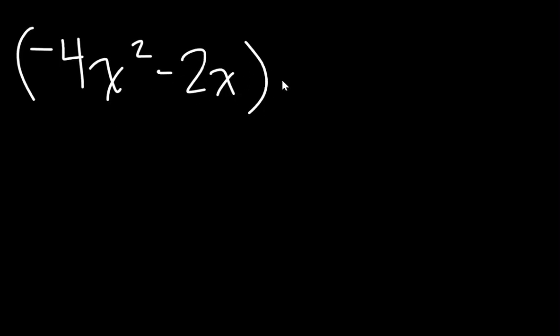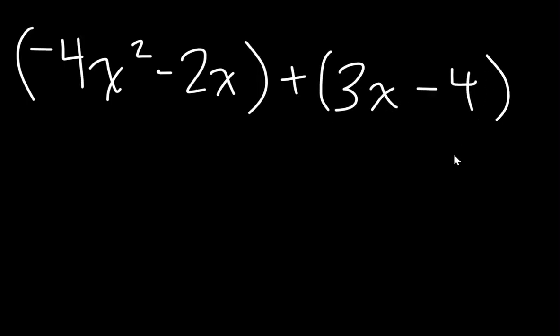For example, say if we had this binomial, negative 4x squared minus 2x, plus 3x minus 4. Okay, so according to the distributive property, we need to distribute, right?